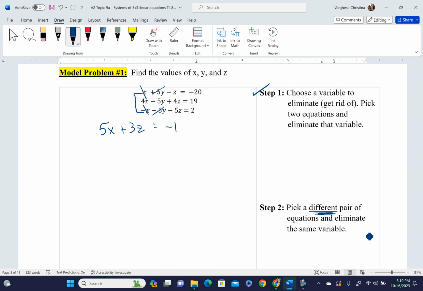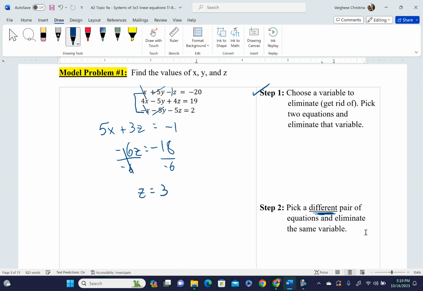So all I have is negative 1z and negative 5z together. That gives me negative 6z is equal to, which is working out perfect. Won't always. And 2 and negative 20 is going to give me negative 18. Divide both sides by negative 6, and you get z is equal to 3.